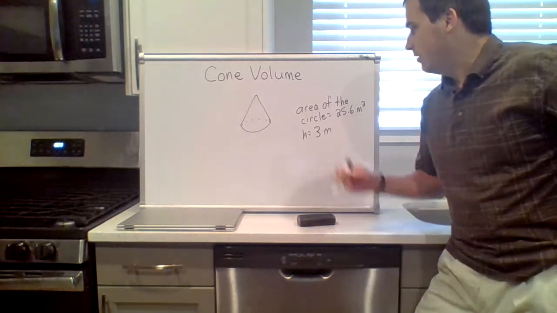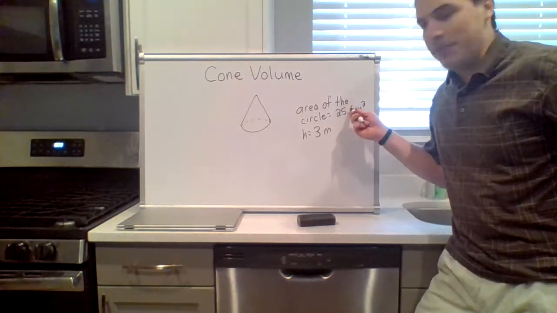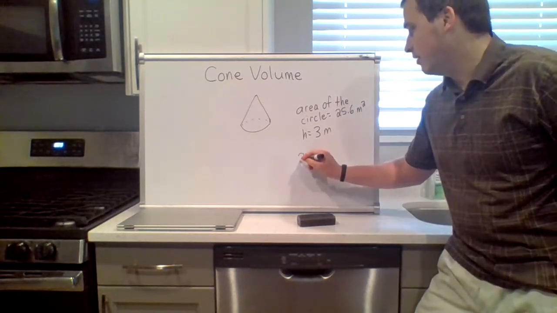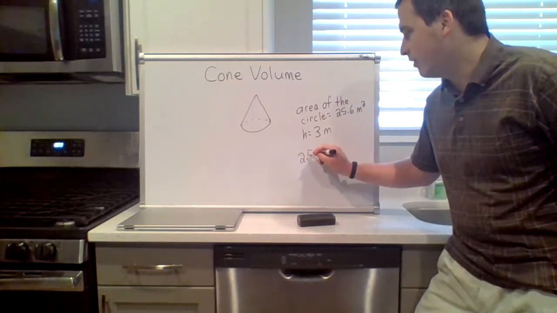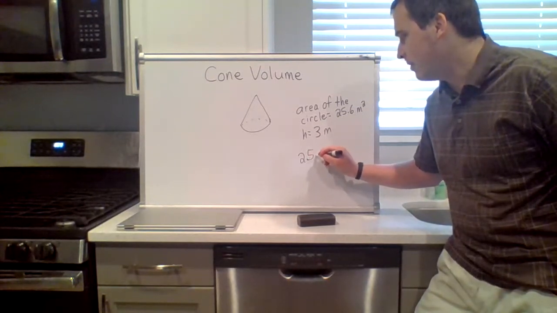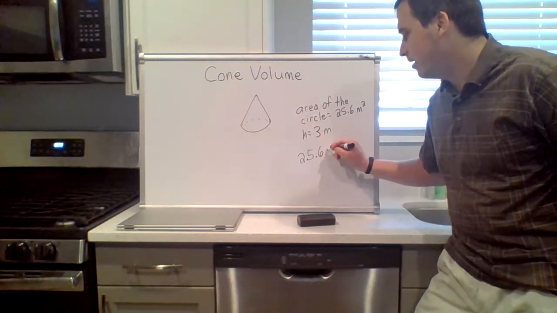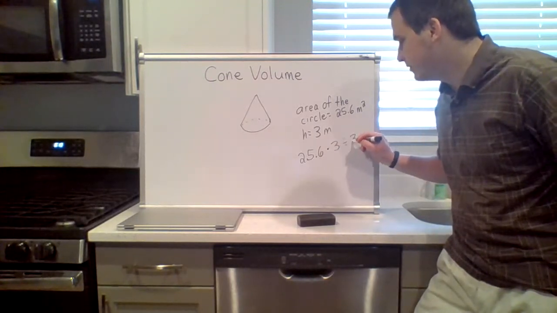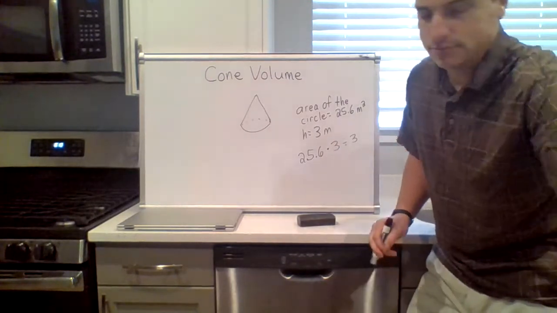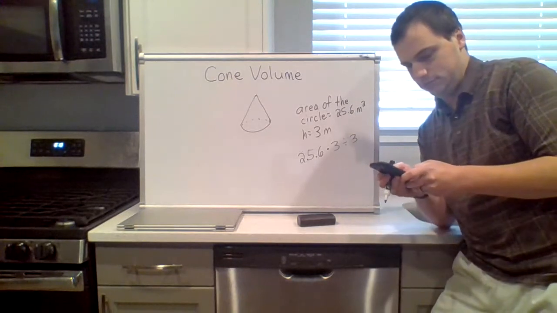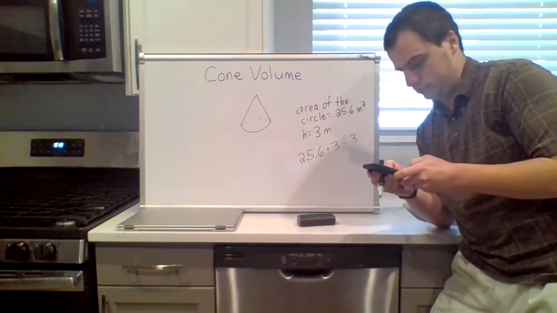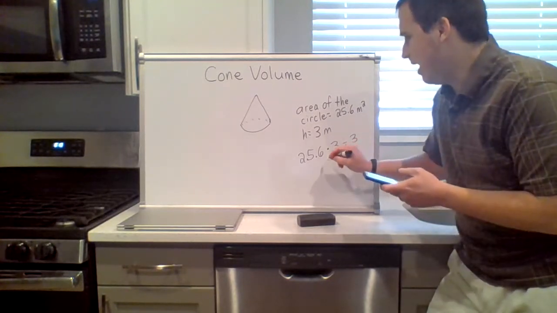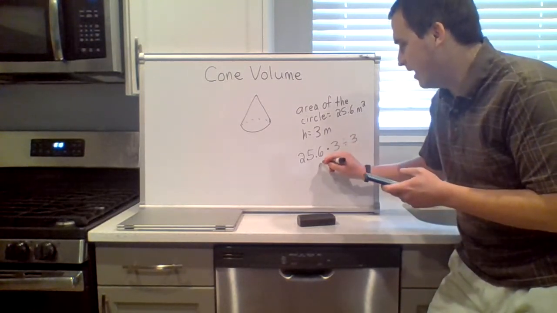Well, this is actually the pi r squared. So all you have to do here is the pi r squared part, which is 25.6, and I did not mean to put a decimal there, times the height, then divide by 3 still, because it's still a cone. And the 3's actually end up canceling out.